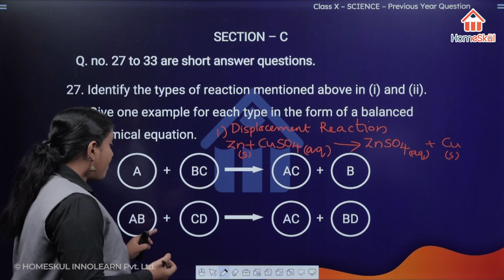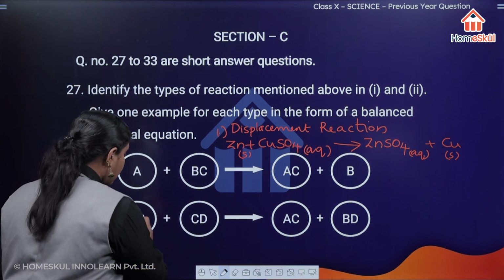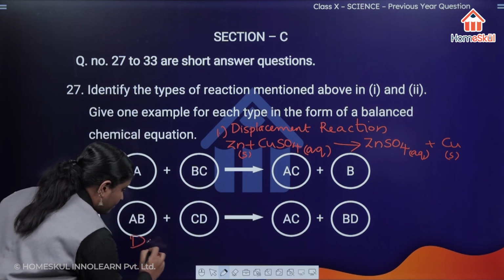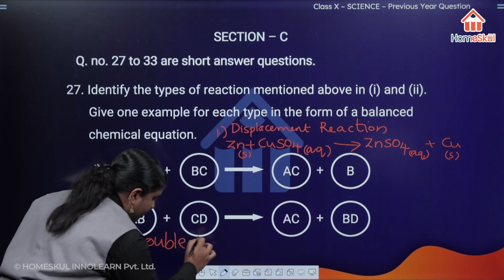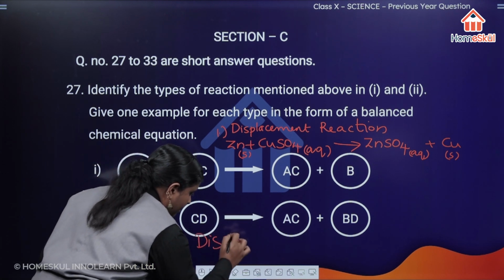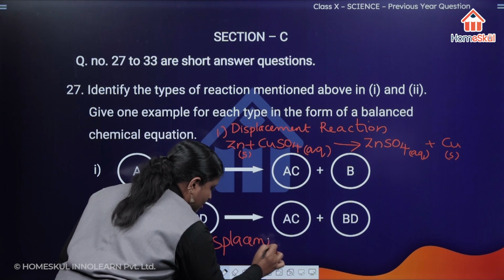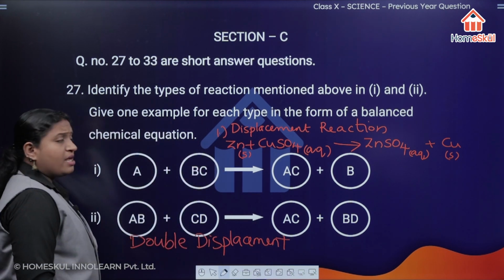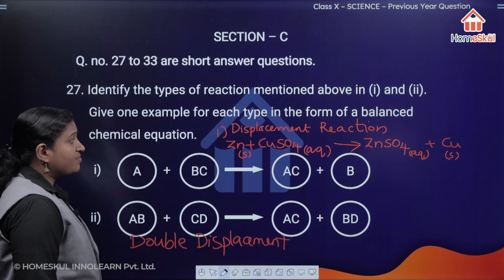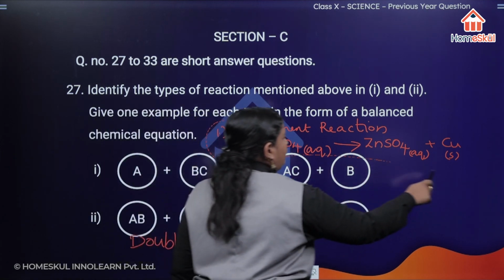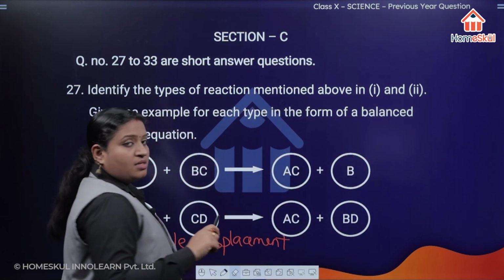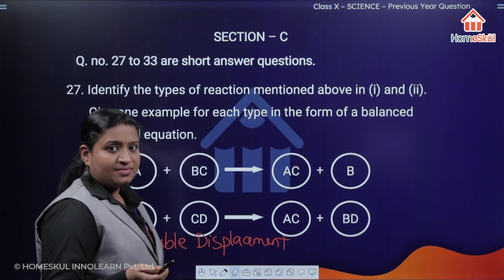So, can you give an example for a double displacement? So, of course, the second one is a double displacement reaction, isn't it? Double displacement. So, can you give an example for a double displacement reaction? Yes. What is the example?